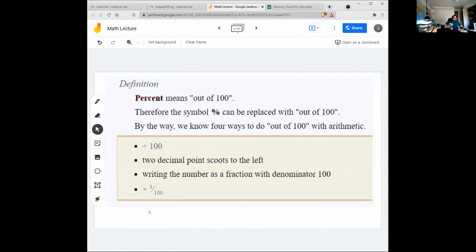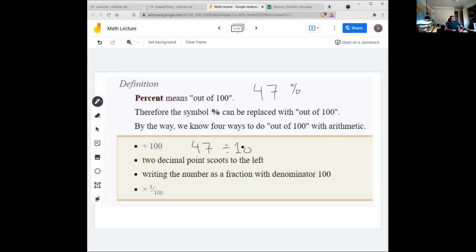And we are math people. We know lots of ways to do out of 100. And by lots, I mean 4. So let's look at 47%. We could write this as 47 divided by 100.